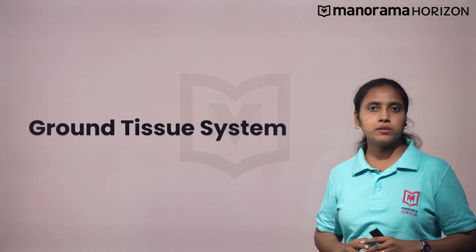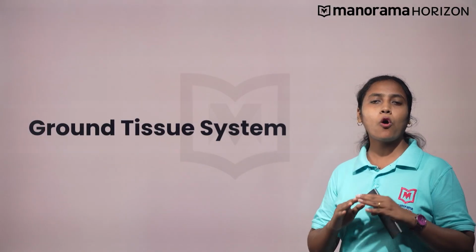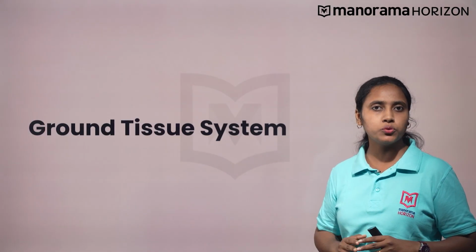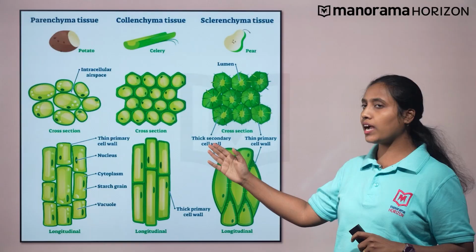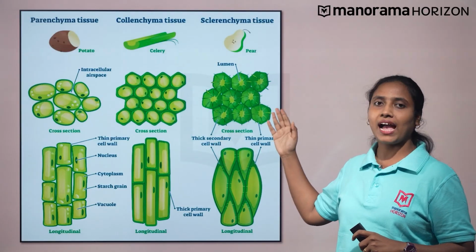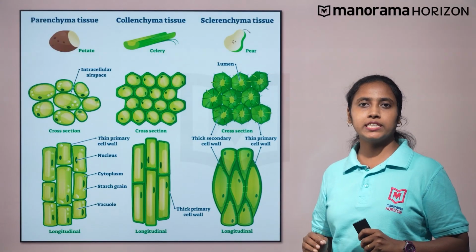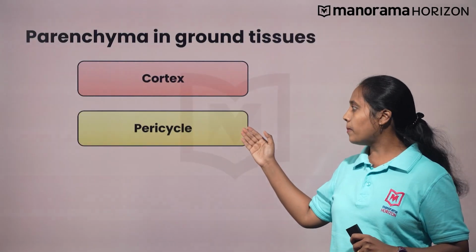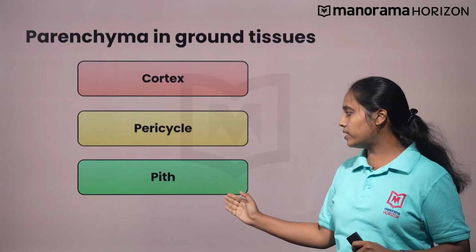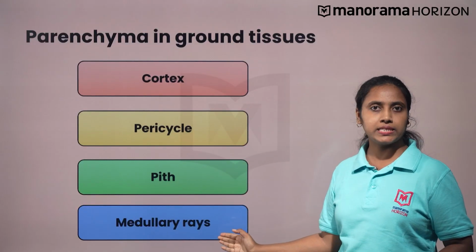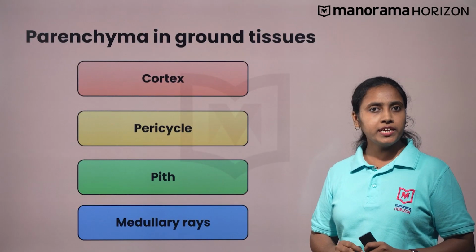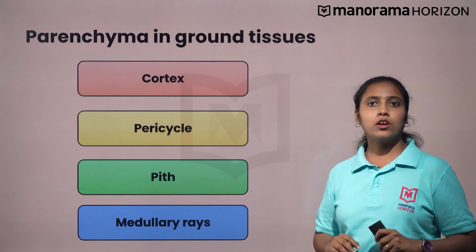Ground tissue system is usually made up of all the simple permanent tissues such as parenchyma, collenchyma and sclerenchyma. Parenchyma is present in the cortex, pericycle, pith and medullary rays, in the primary stems and roots.